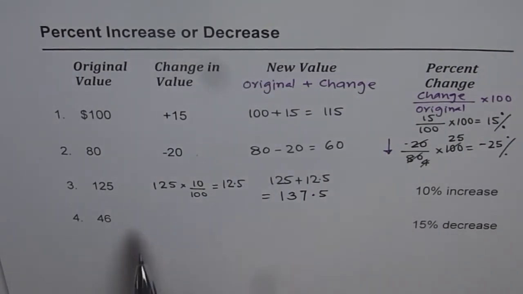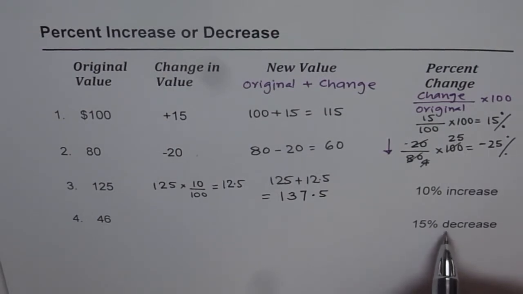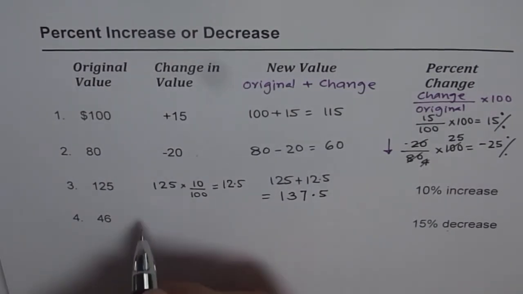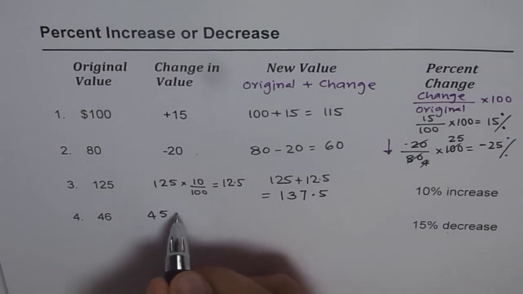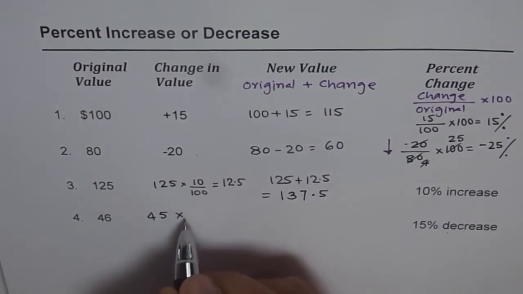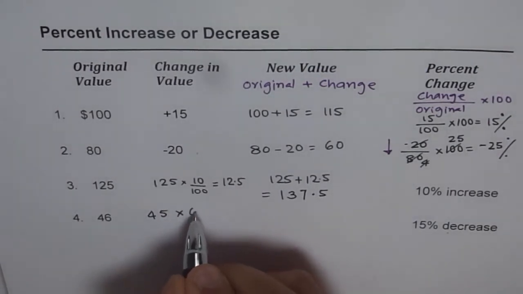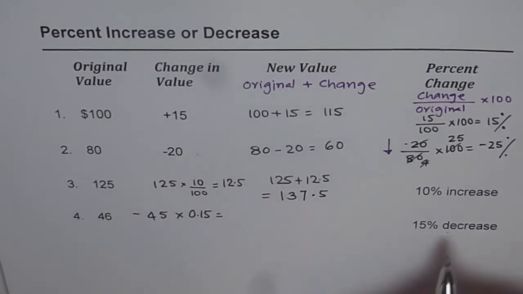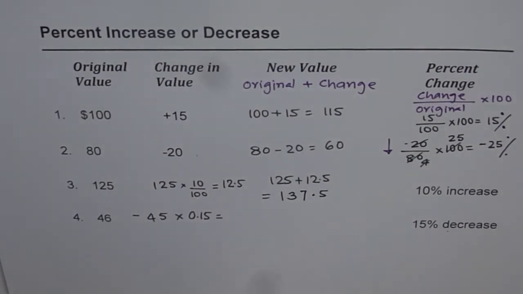So you can work backwards and get all the missing values. Let's do this one. Here it is decreased. That means minus. Remember that. So anyway, we'll find 15% of 46. So 46, let me write this time as times in decimal 15%, which is 0.15 equals to. Let me put a minus sign here for decrease. Okay, that helps. So you use a calculator. 46 times 0.15, that gives me 6.75.